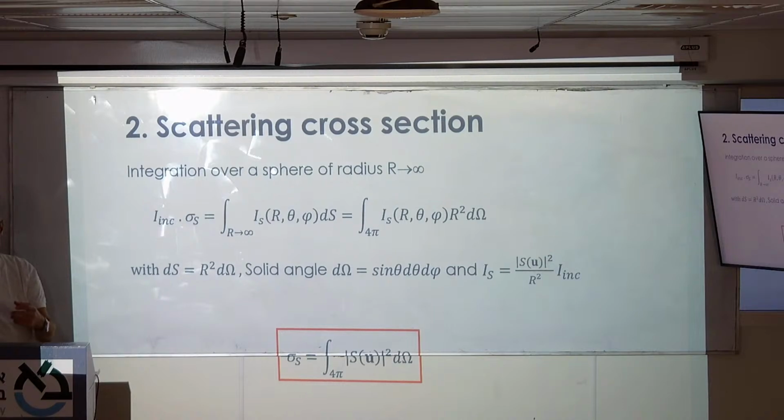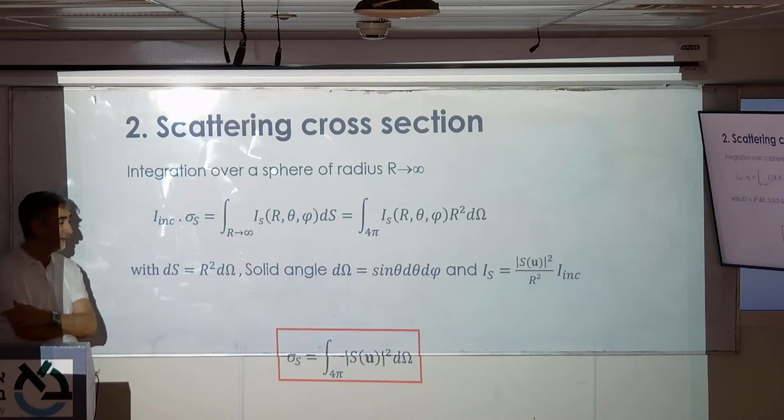Every scattering event will reduce the intensity of the incident light, and then you get what you actually observe from the Eiffel Tower. But that's a measure of the efficiency of the interaction between the light and the object. That's the formula that we can write directly from the expression of S of u.